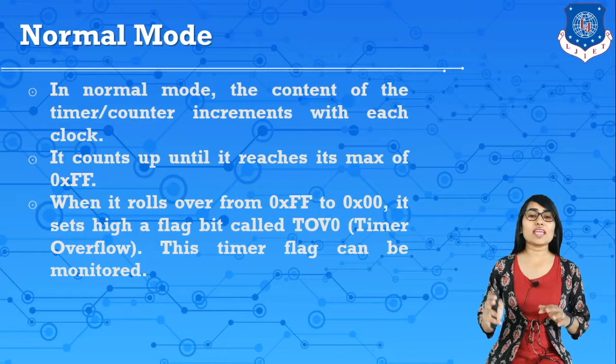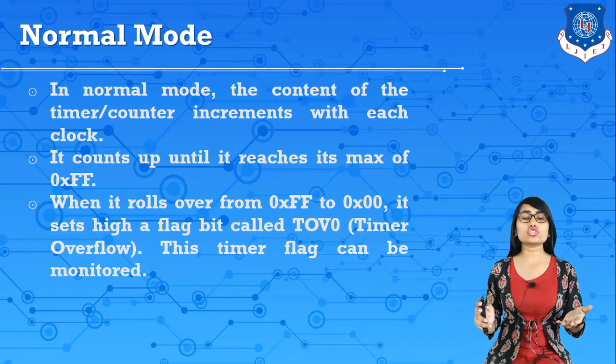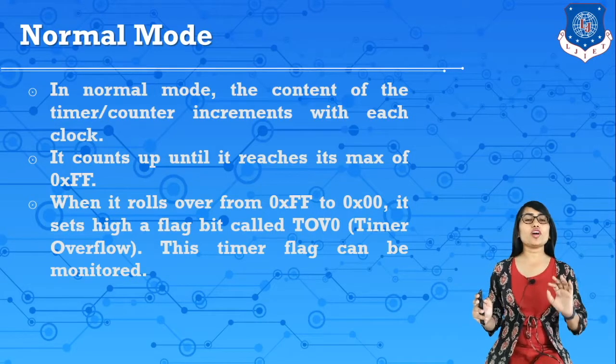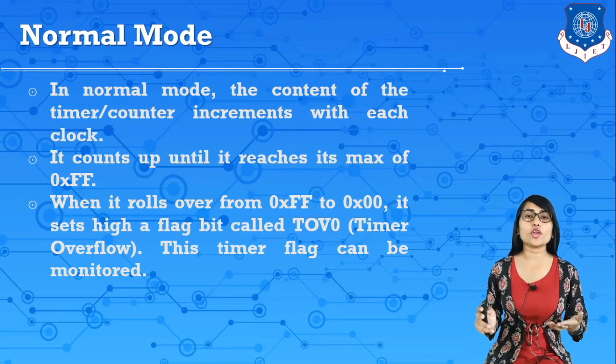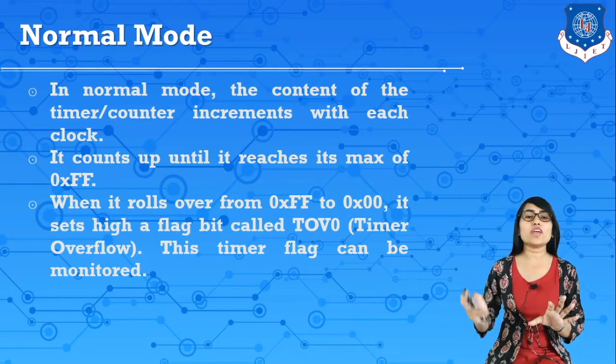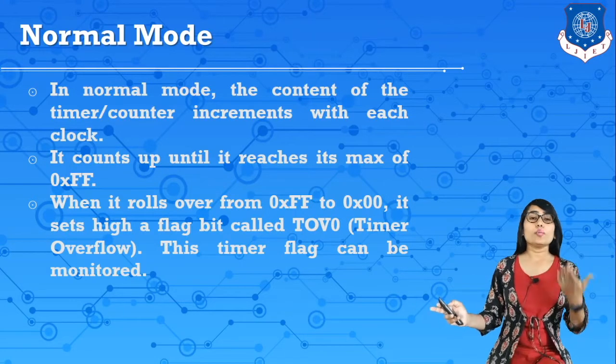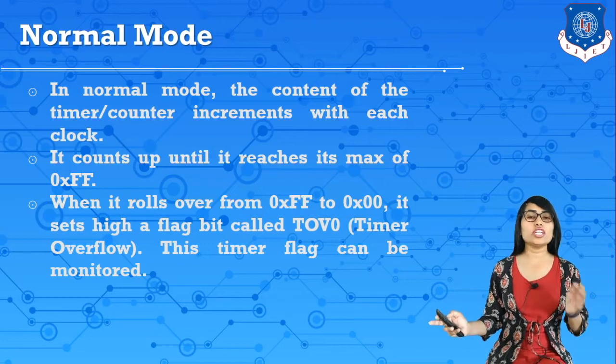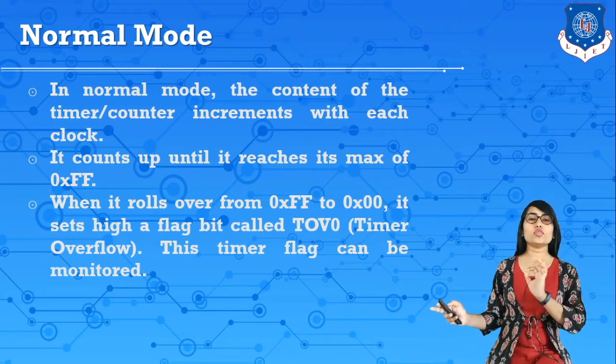This flag can be monitored to stop our counter for the desired time delay. So in normal mode, the timer content is incremented and it counts up to the maximum value FF, because with 8 bits it counts only up to 2 raised to 8, total 255.